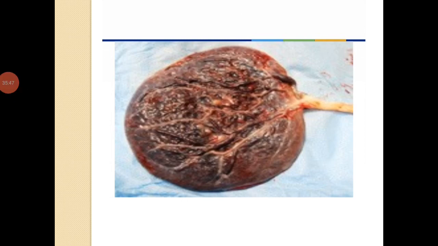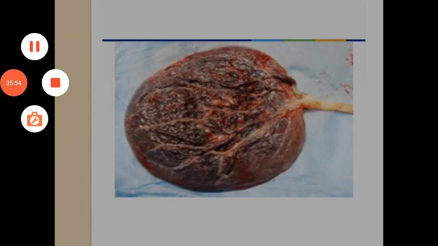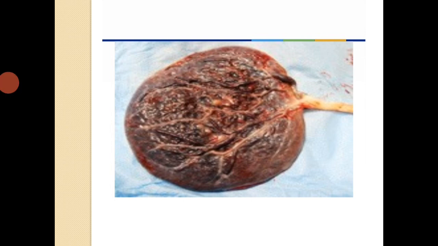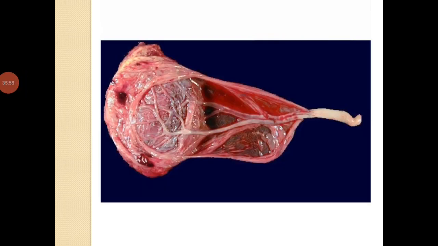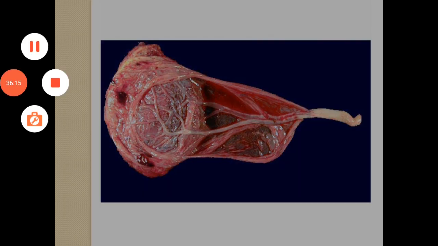Next, battledore placenta, where the cord insertion will be at the edge or margin of the placenta. Then velamentous insertion of the cord, where the cord will attach to the membranes, and from the membranes till the placenta the cord vessels will be separately fused with the placenta.